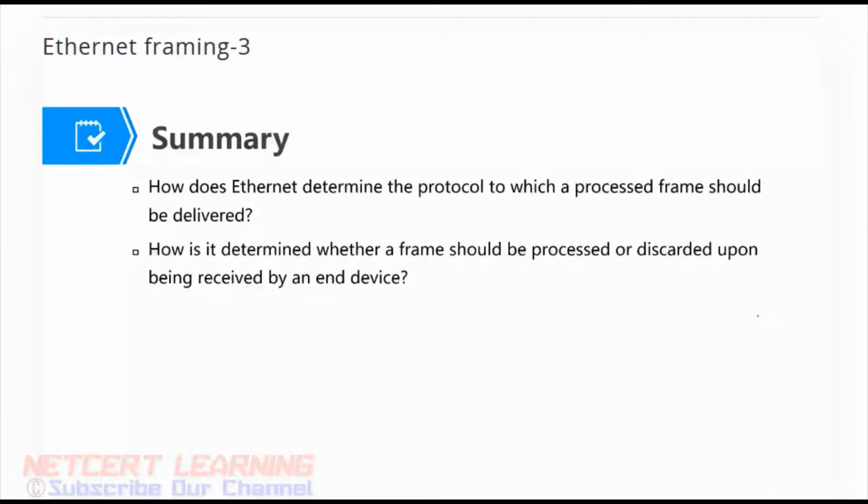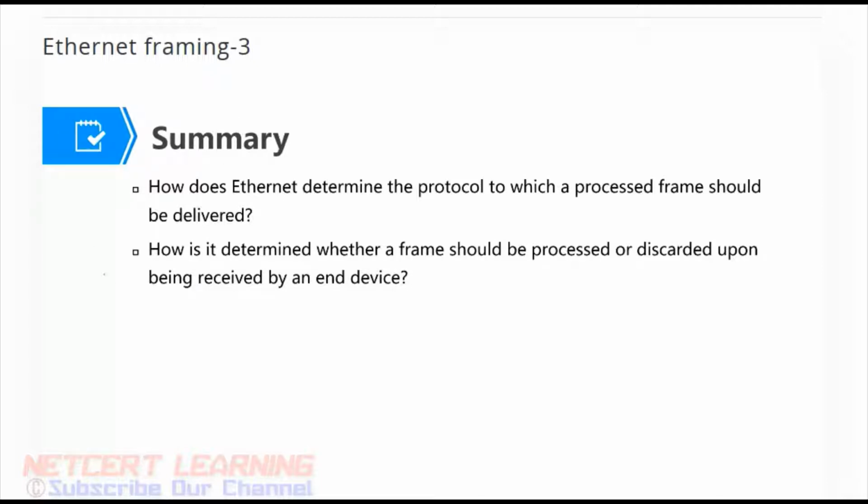Now we go to the end of this chapter. In the summary, there are two questions. First, how does the Ethernet determine the protocol to which a processed frame should be delivered?